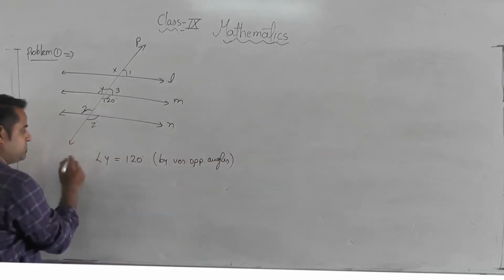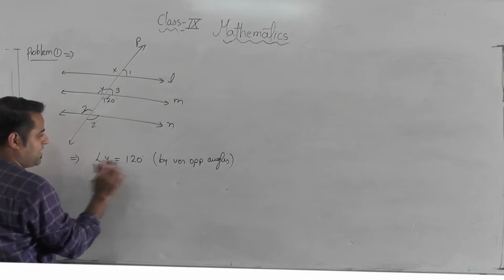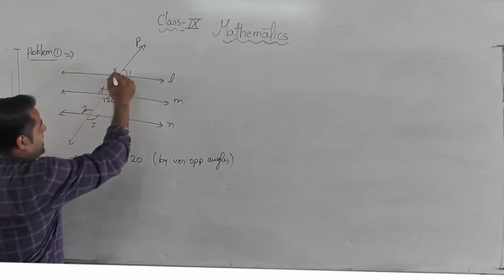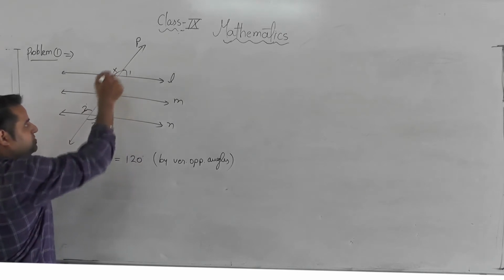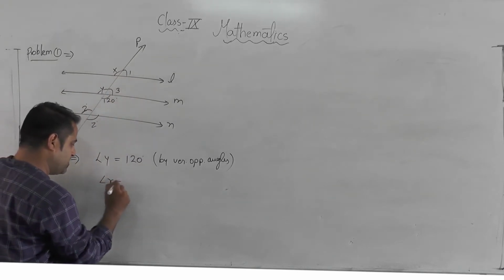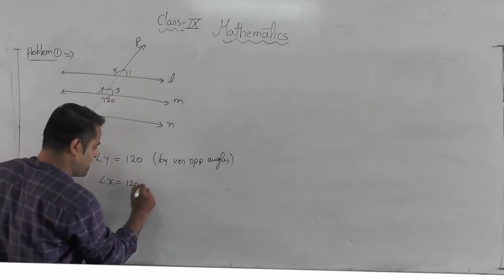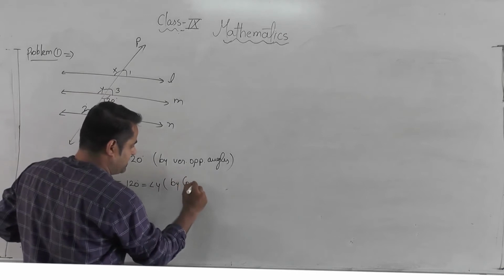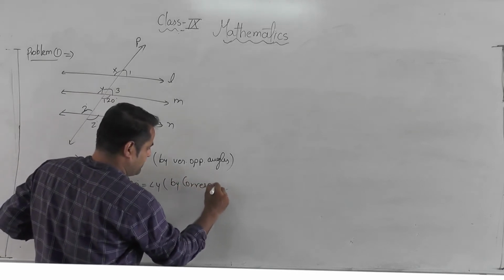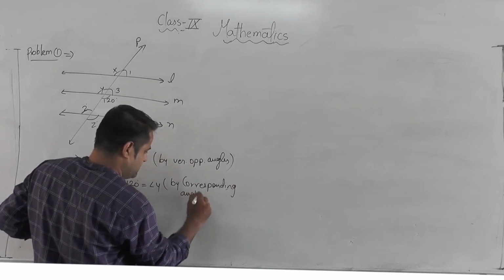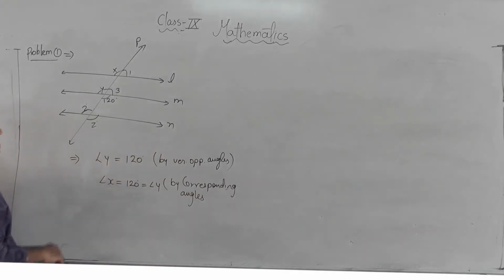Now y and x are corresponding angles, so x is also equal to 120, which is equal to y, by the corresponding angle property. Corresponding angles are equal.